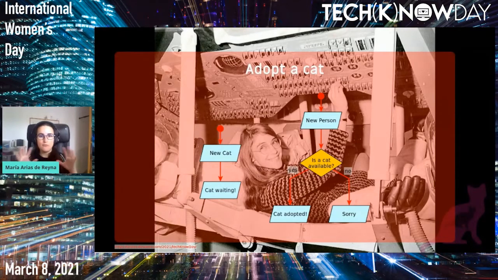So the abstract flow for this software is pretty easy to understand. When a cat enters, I want to register it as a cat waiting for adoption. And when a person enters, I check if there is any cat available that matches this person. If there is a cat available, that person can adopt it. If not, I have to tell that person, sorry, we don't have any cat available.